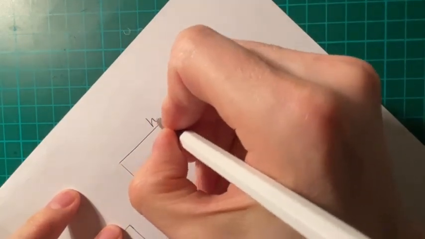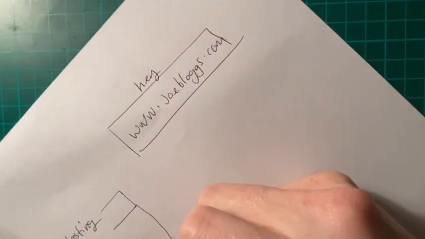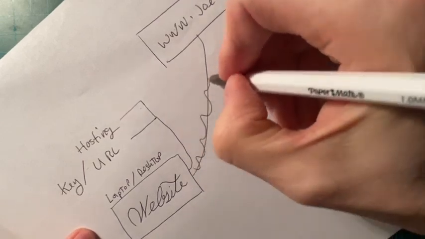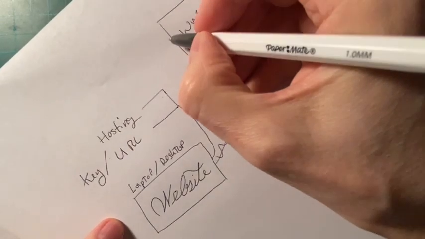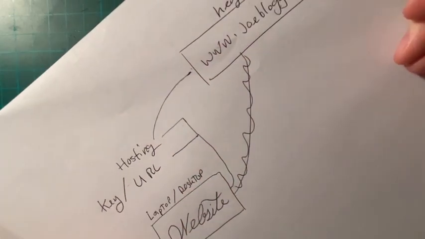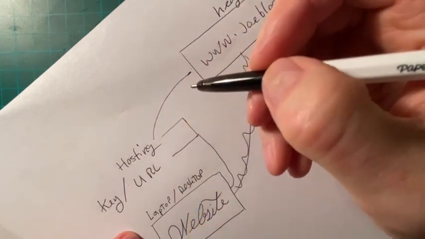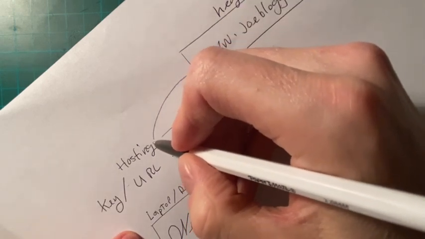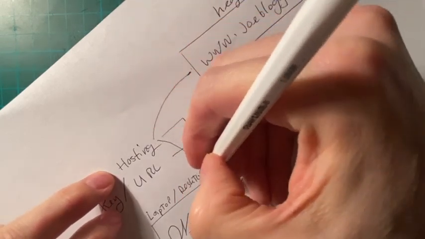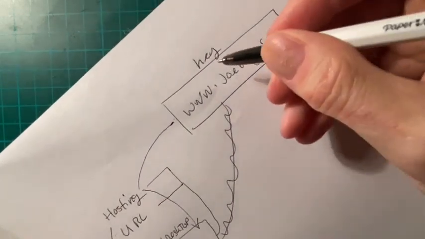Now that needs to open a door to this website. How does that happen? It doesn't happen this way. What it does, this key, it comes to a hosting package, being this guy. So it comes to your hosting, and your hosting will say, I know where to find that. It's inside your folder that you uploaded to your hosting package, and that gives them direct access to your website. So that's what a URL does.